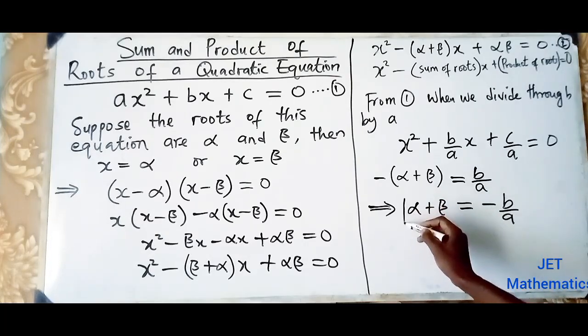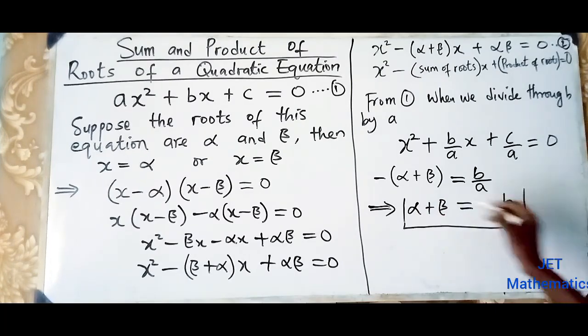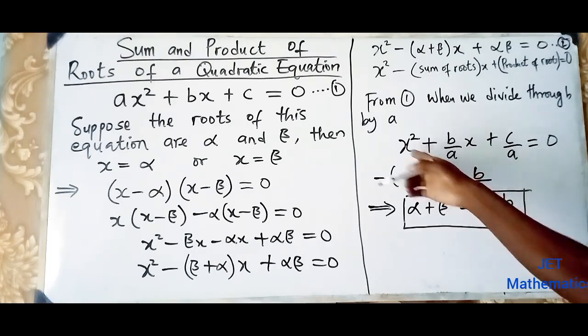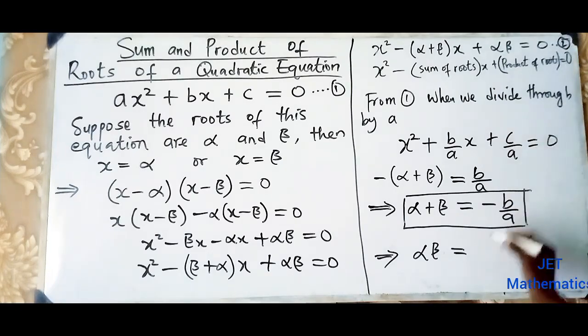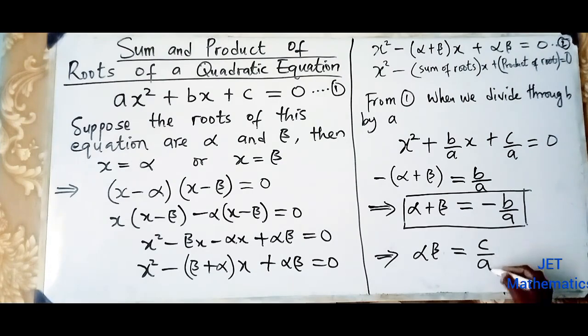This is a very important relation. So from a given quadratic equation, we can get the sum of its roots using this. Also, comparing the constant term, alpha beta is equal to c over a.